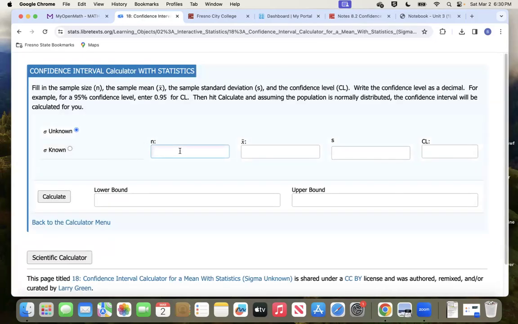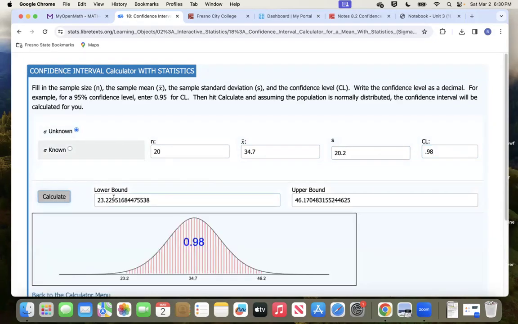The N is 20. 20 people were surveyed. The average amount they spent on their kid's birthday was 34.7. The standard deviation, how much it varied from the average, typically $20.2. And the confidence level, 0.98. And then calculate. And there's our lower bound and our upper bound right there.